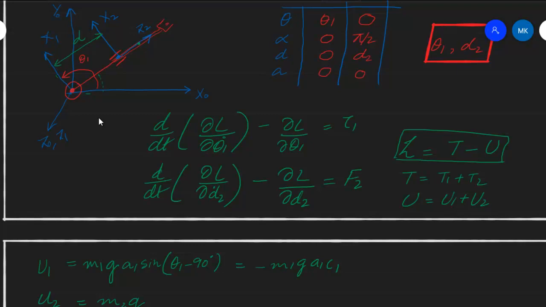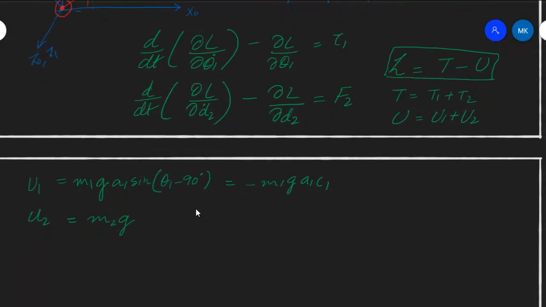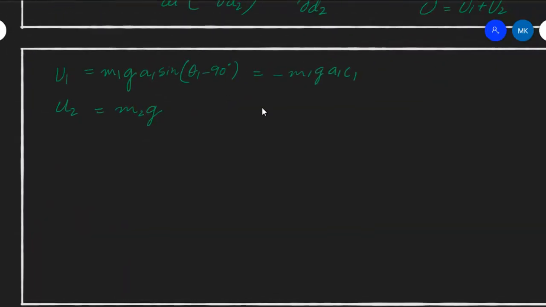If we write it that way, it would get a little simpler, though we can always use d plus the distance of the center of mass. So this will be m2g into d2 times sine of theta 1 minus 90 degrees, again because it has the same angle. So it will be nothing but minus m2g d2 cos of theta 1. So you can write it simply as minus m2g d2 c1.